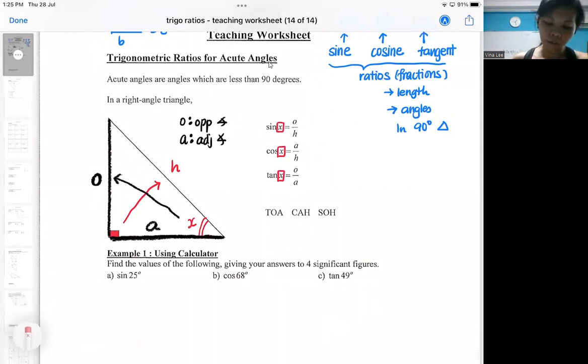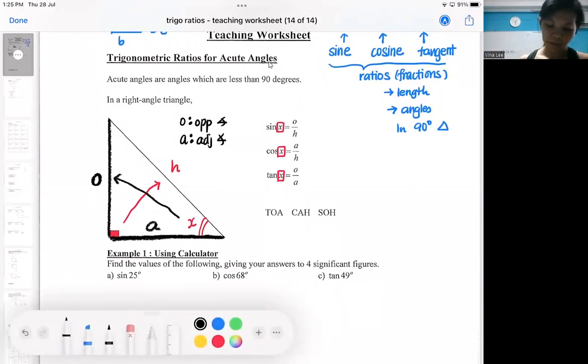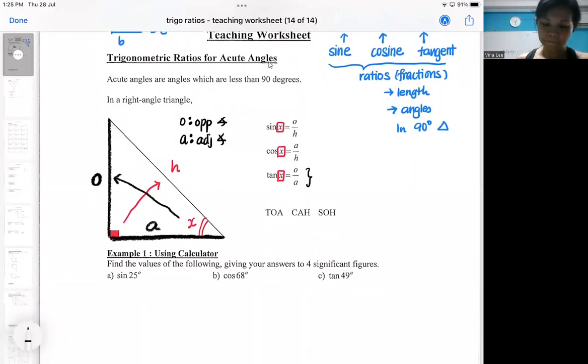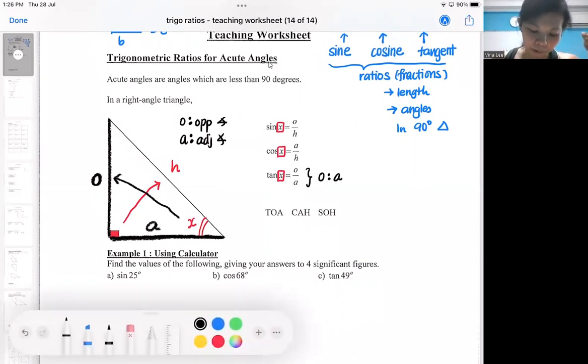Then O/A, we express it as a fraction as well. So these three formulas, these three functions, explore the ratio of opposite over hypotenuse, adjacent over hypotenuse, and opposite over adjacent.